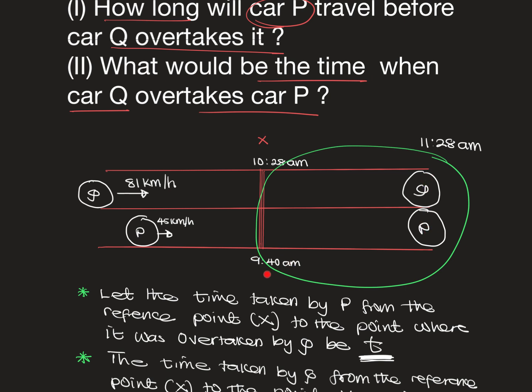All right, P has to travel 108 minutes before it is overtaken by Q. So if you add 108 minutes to 9:40, time will be 11:28. For Q, it has to travel 1 hour before it overtakes P. So if you add 1 hour to this time, 10:28, it will be 11:28.